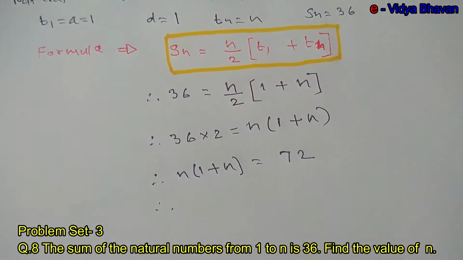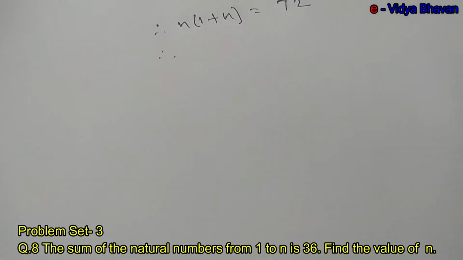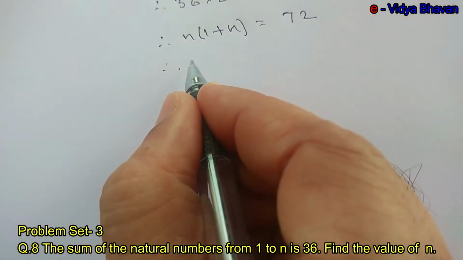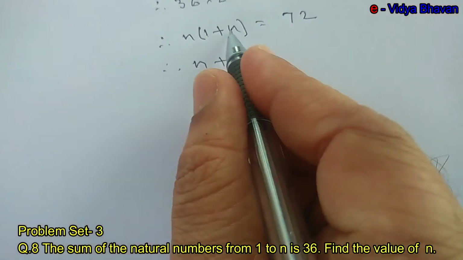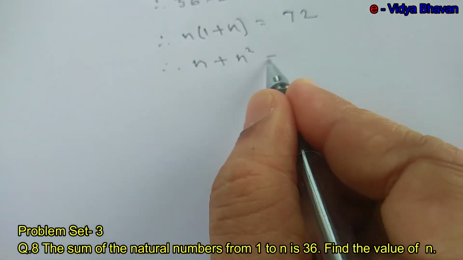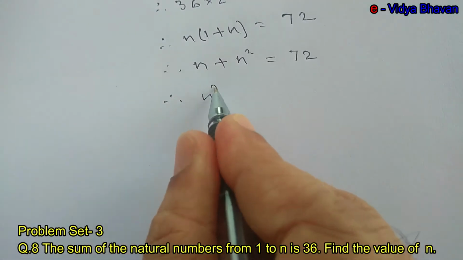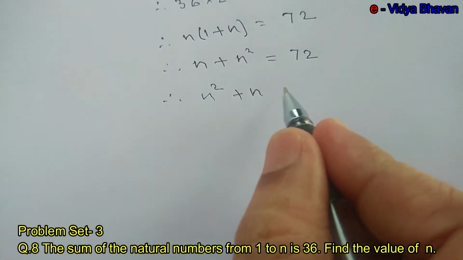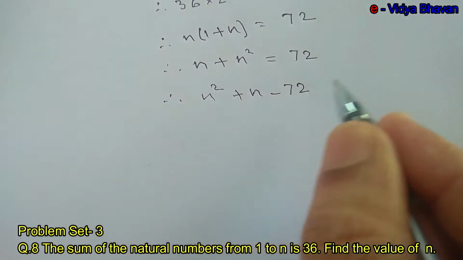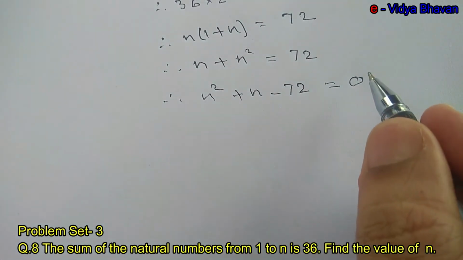Therefore, further we can have n plus n square is equal to 72. Therefore, n square plus n and 72 will come this side, minus 72 equal to 0.